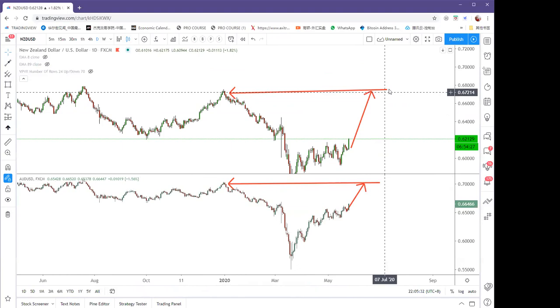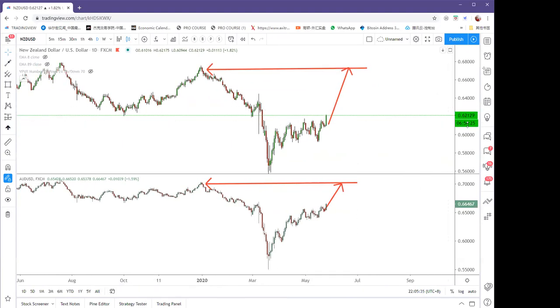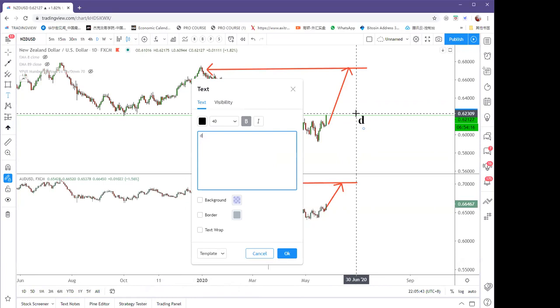Okay, and the beautiful thing is when you trade the Kiwi dollar, your base currency is NZD, right? And it's only 0.62, which means if you trade one lot size, you only need 62,000 USD as your capital.